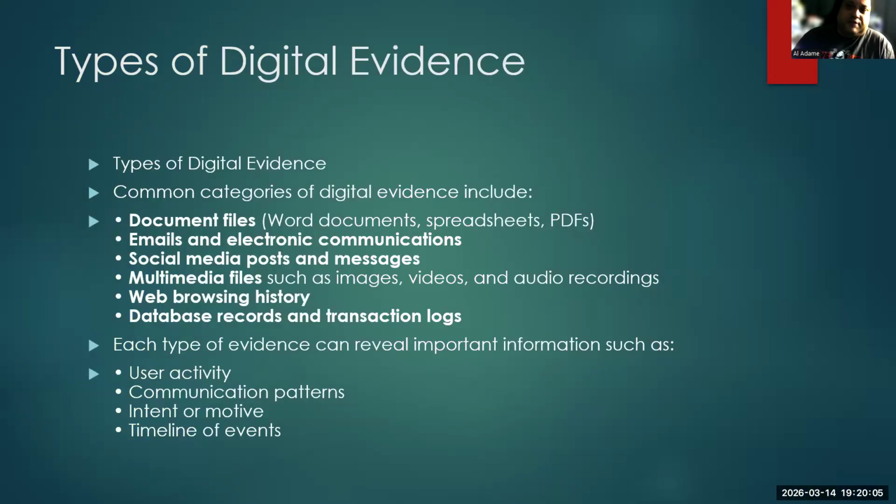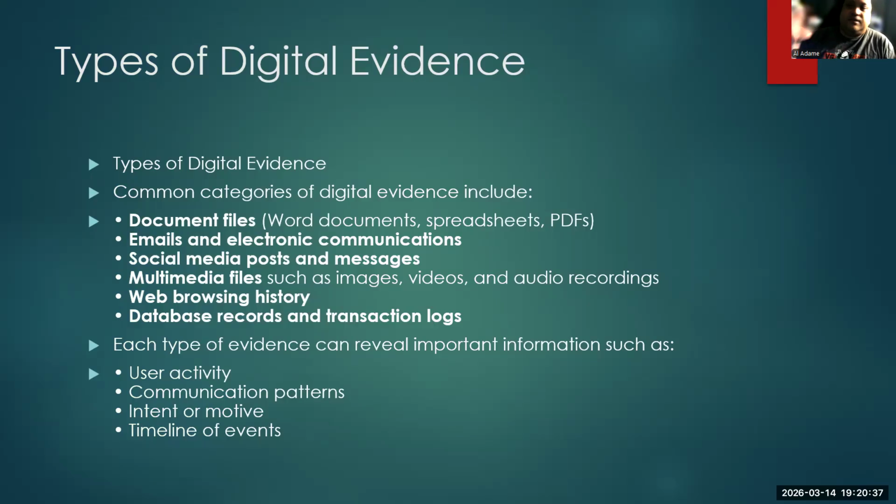Moving on. So, types of digital evidence continued. Common categories of digital evidence include documents and files: Word documents, spreadsheets, PDFs, Outlook PST files, JPEG images, PNG images, MP3 files for music or WAV files for sound, text documents.